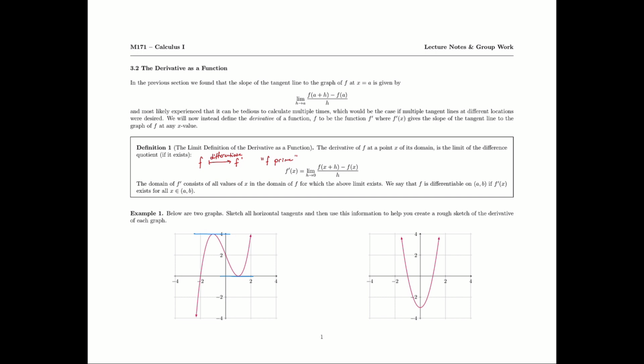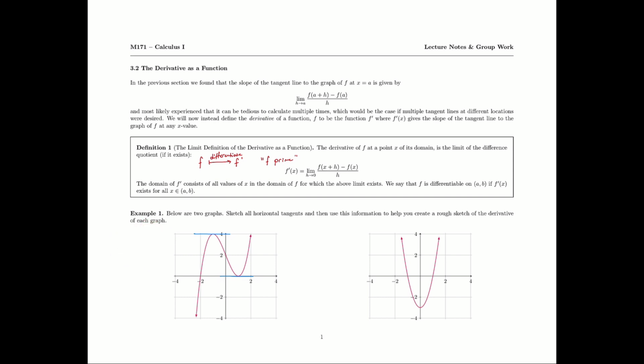For some graphs, the derivative might not exist, in which case it's not enough to just know where the derivative is 0, in other words, where our horizontal tangents are. We also want to know if we have any sort of cusps or corners or jagged sharp edges where the derivative doesn't actually exist.